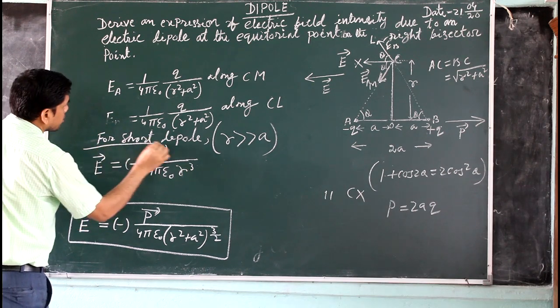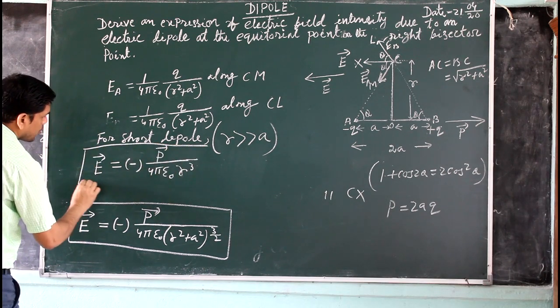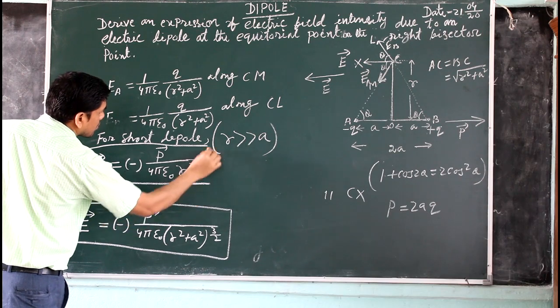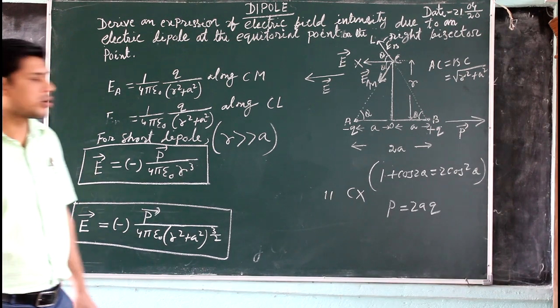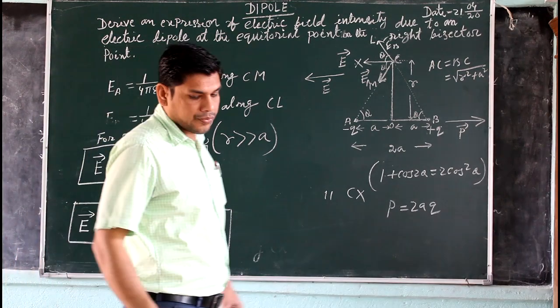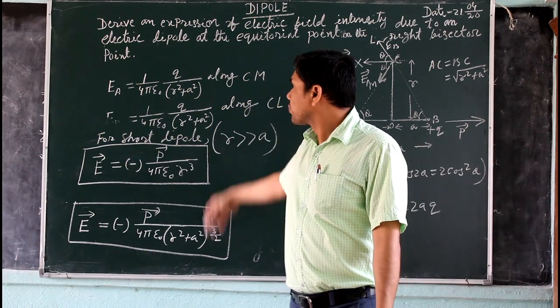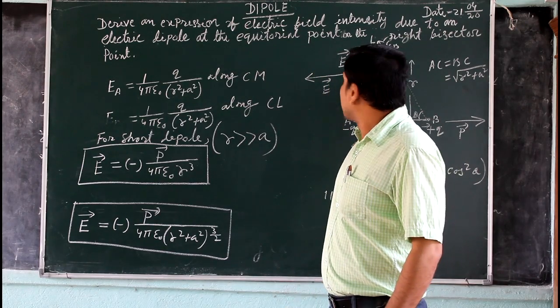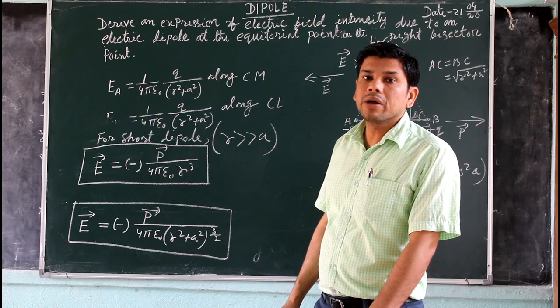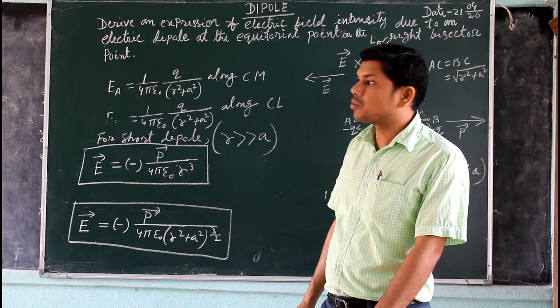This is the expression of resultant electric field at the equatorial point due to a short dipole. So in this way we derive the expression of resultant electric field of a dipole at the equatorial point.